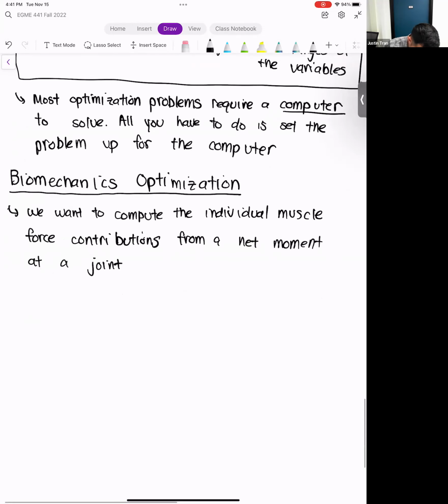For example, let's say that we conducted our human motion kinematics, so we did a motion study. So we have the kinematics.